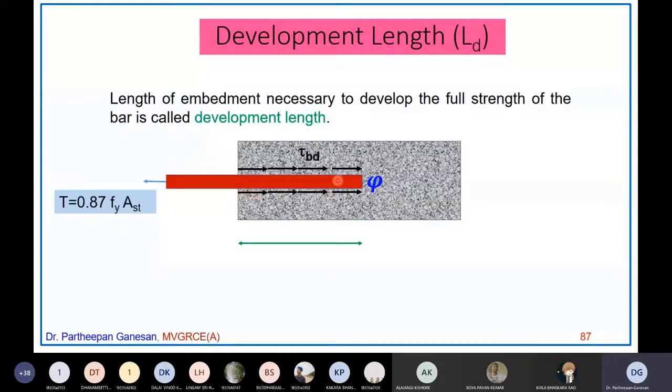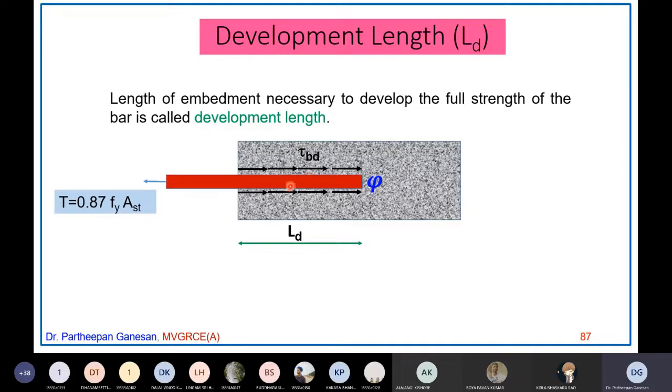It is the length of embedment, from here to here, inside the concrete, necessary to develop the full strength of the bar. Let us say you apply a tensile force to the fullest degree, meaning the stress is equivalent to yield stress. If you apply that, this bar should be safe in bond. Such a length is called development length.